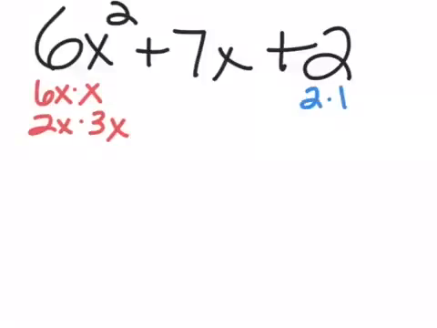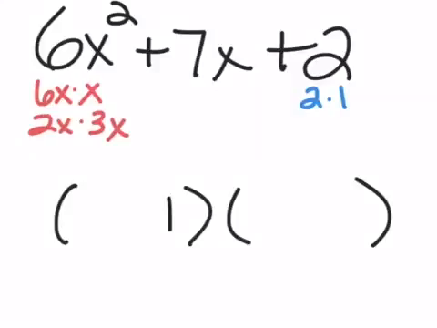So we know we're going to have a set of parentheses that has a factor of 1, I'm going to use blue to go with the same color, and a factor of 2, and we again have all plus signs, so I'm going to go ahead and put those pluses in. But somehow we got to get the 7 in the middle here.